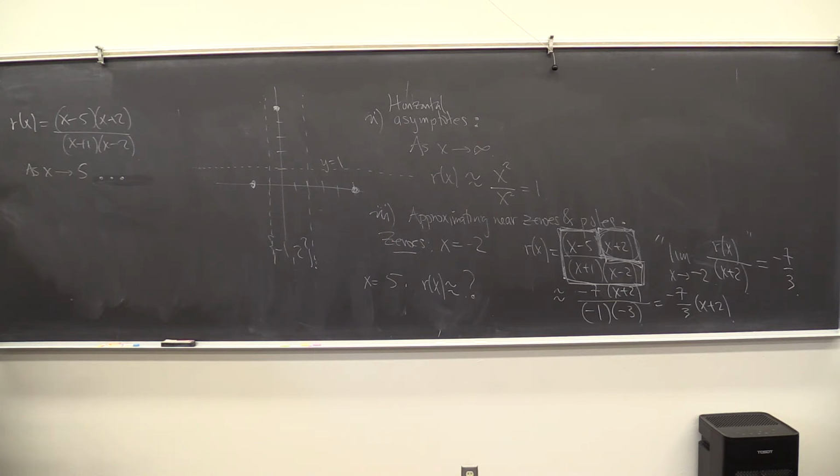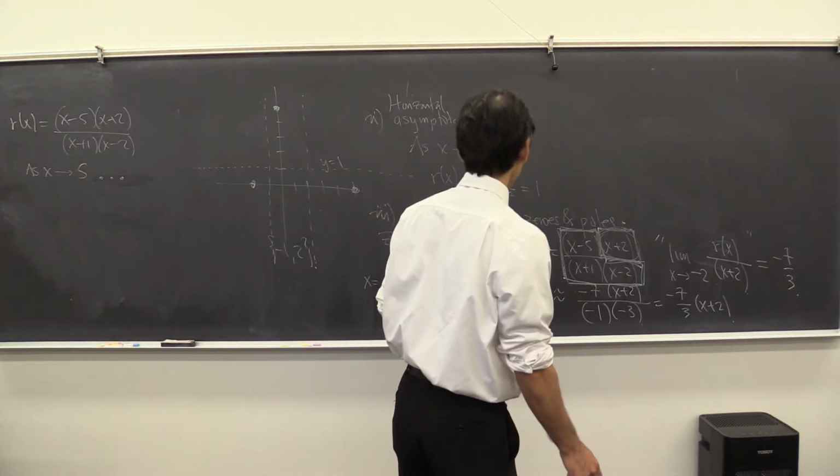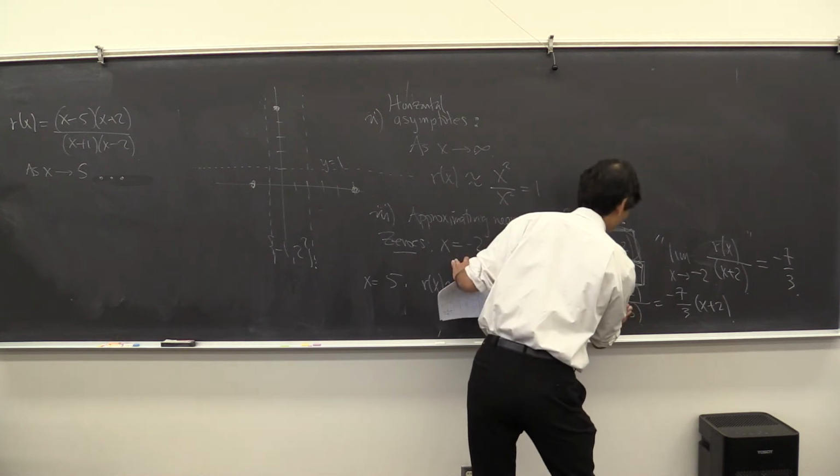Yes, Anna? On that method, where did the -3 come from? Did I mess up? This is negative. Oh, thank you. Yeah, it's negative 4.